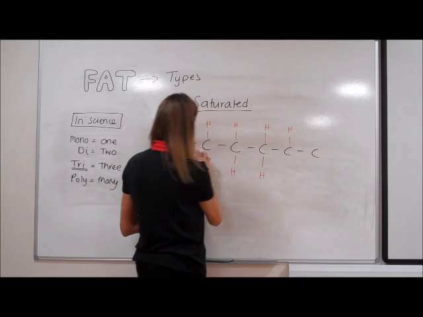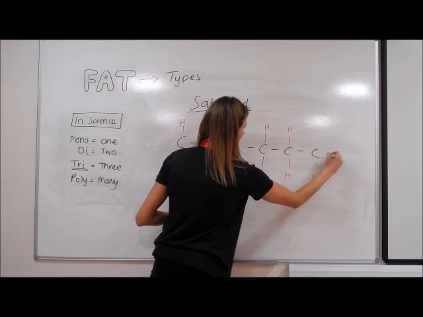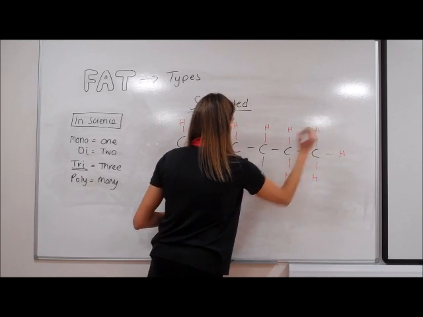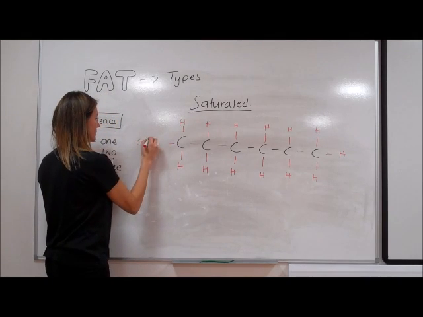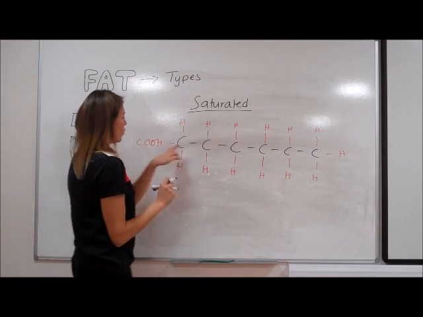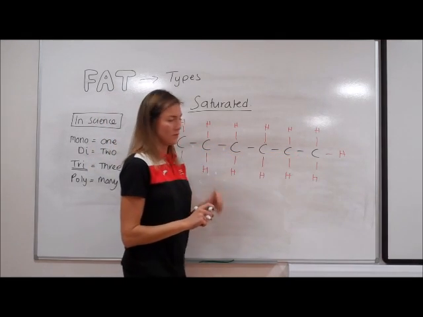So these are our carbon atoms, and we have our hydrogen atoms attached. Now in between our carbon atoms we have single bonds.